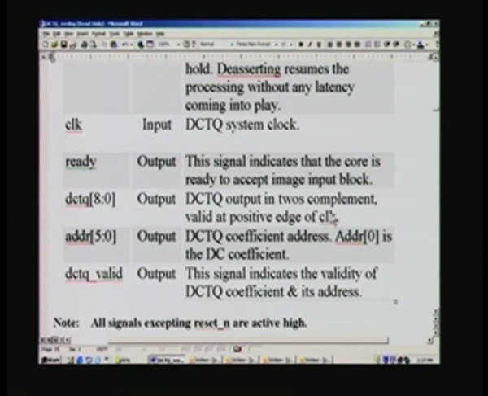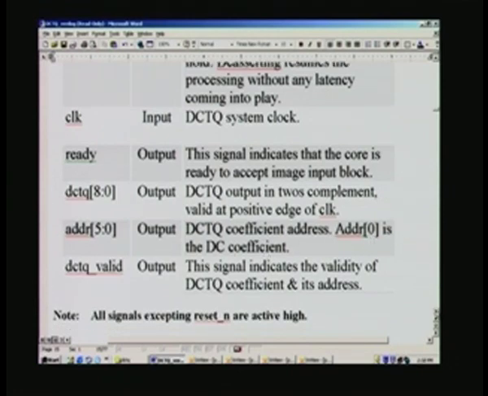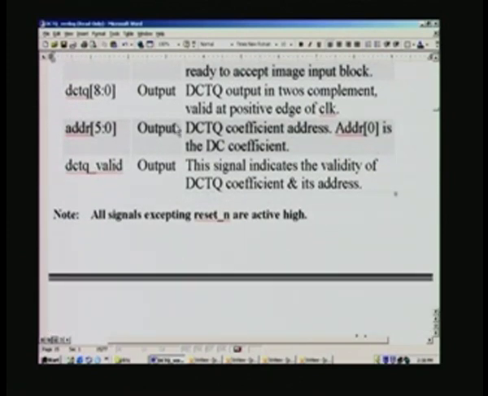Note that this clock is different from the PCI clock, that is for inputting the image, whereas this is for outputting the actually churned DCT-Q, and the corresponding DCT-Q address is furnished here. Address 0 is the DC coefficient, all others up to 63 are AC coefficients, and when it is valid is indicated here by this, and also the validity of the address here, and all these signals excepting reset n are all active high. So, this is the standard design.